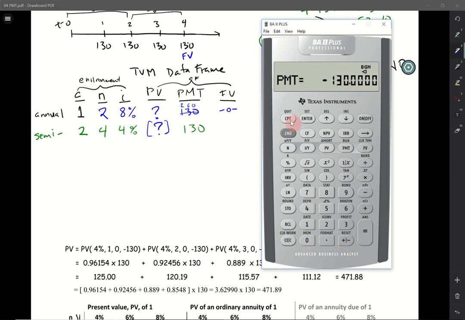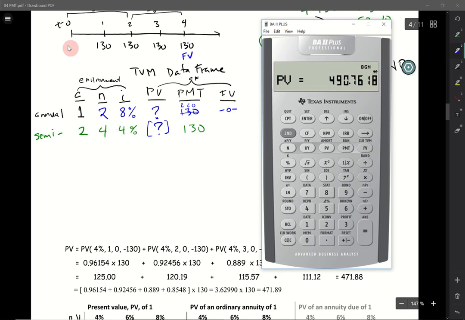If we compute the present value, we're getting 490 instead of the 471, because the cash flows are now at BGN. We have this 130 over here, and then these are shifted a little bit. So this one is shifted over there instead.